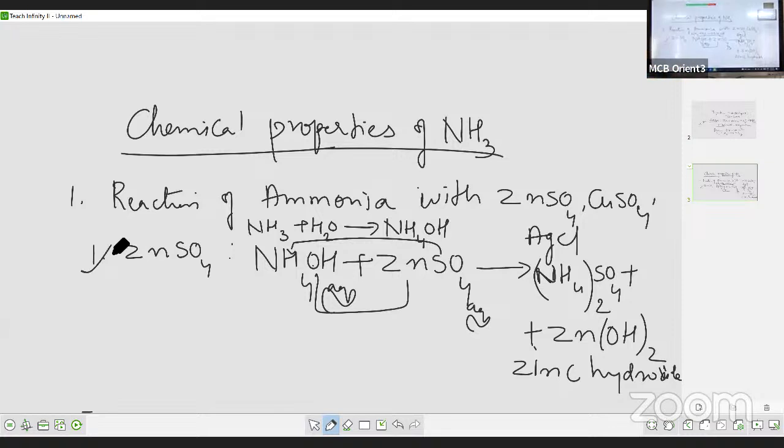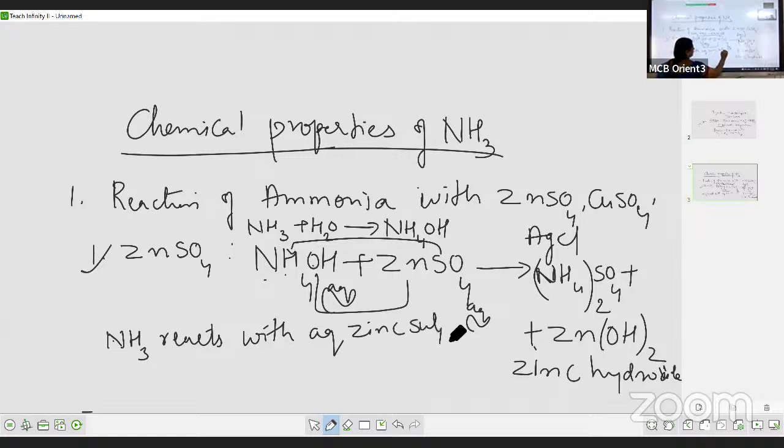Take down this reaction and you have to write the statement also. How do you write the statement? Ammonia reacts with aqueous zinc sulfate. In the statement, you are not supposed to write the formula. Please remember that.